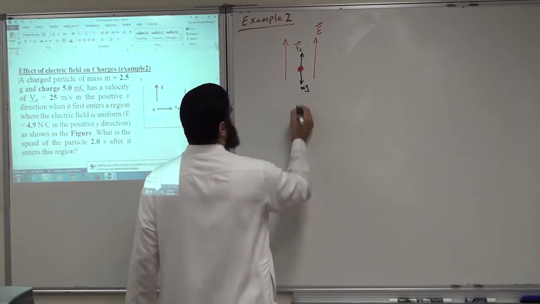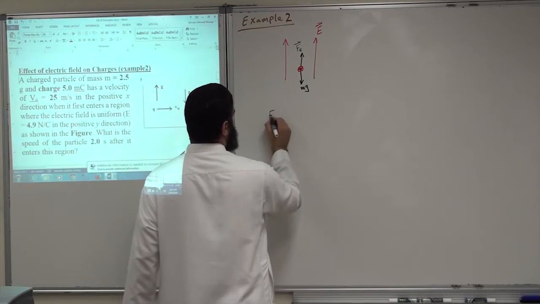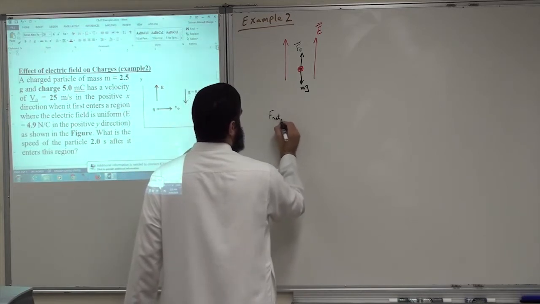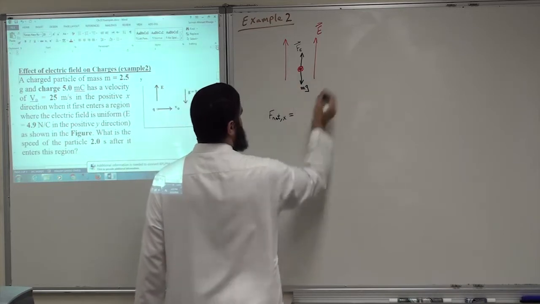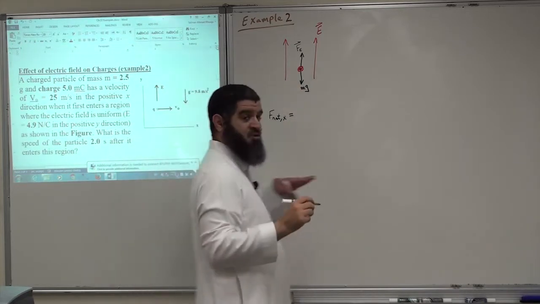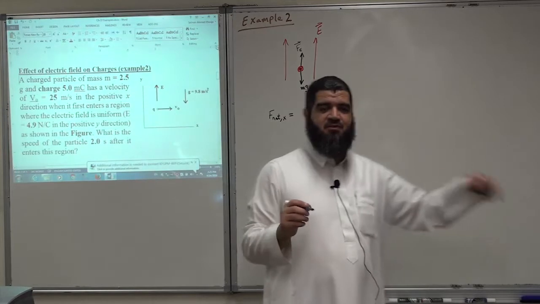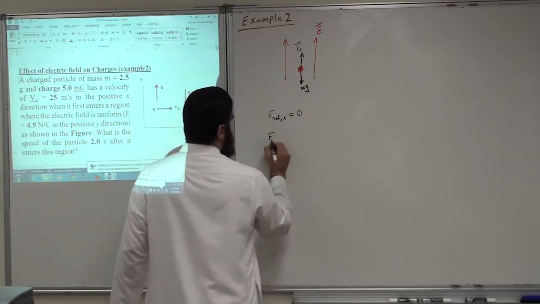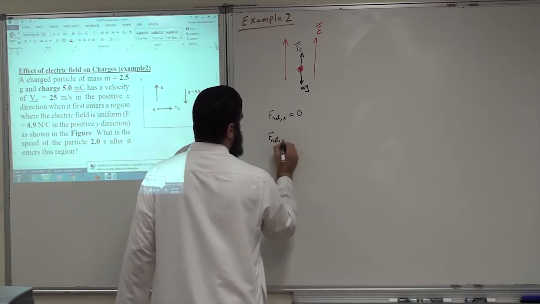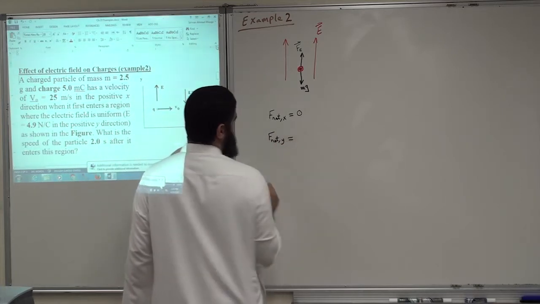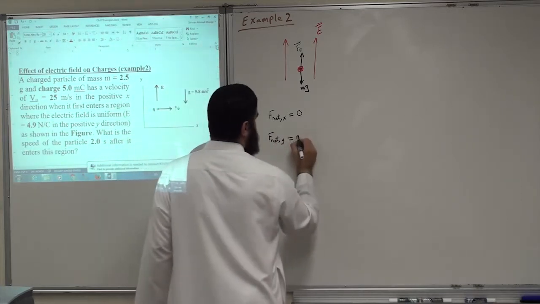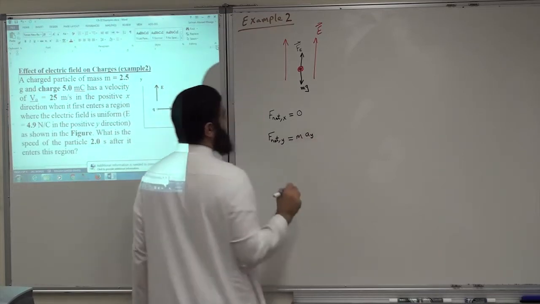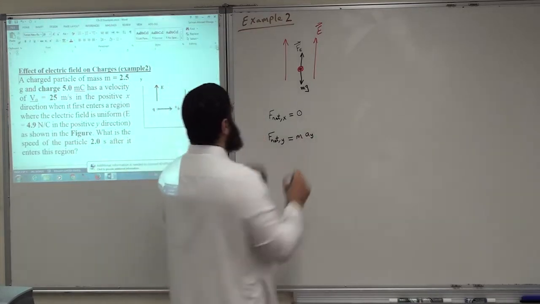So in this problem, F net along x: is there any force along the x-axis? No. It is moving along the x-axis, but there is no force along the x-axis, so this is equal to 0. F net along the y-axis gives us the mass multiplied by the acceleration along the y-axis. What are the forces along the y-axis?